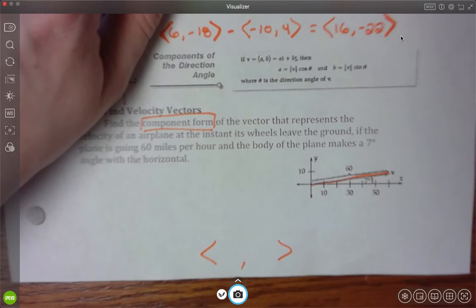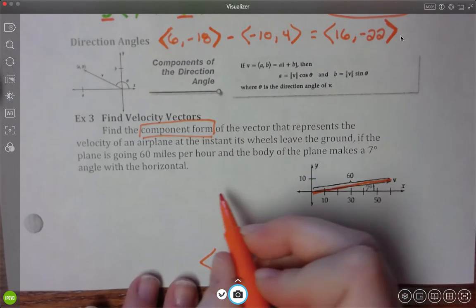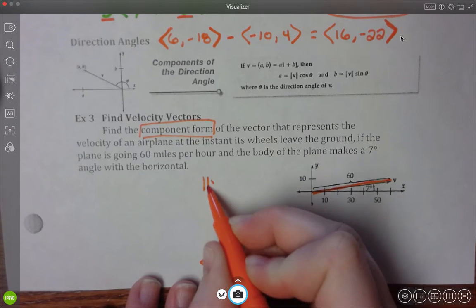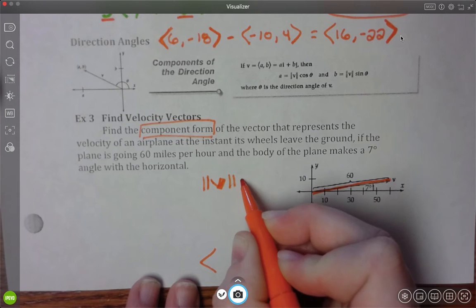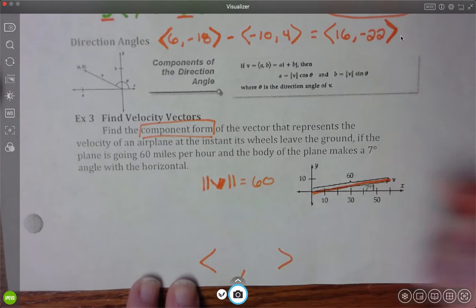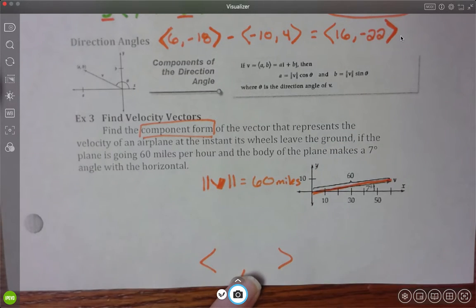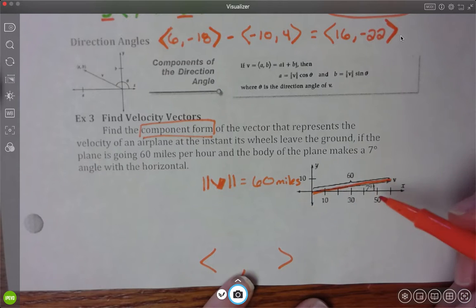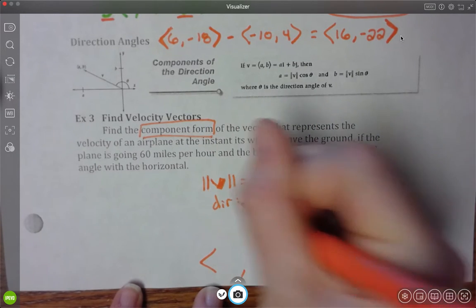So we look down here, we need to know that its magnitude is 60, so they'll write that like this, with a double bracket thing here. It is 60, maybe 60 miles. So 60 miles is how far that's going, and then the direction is 7 degrees.